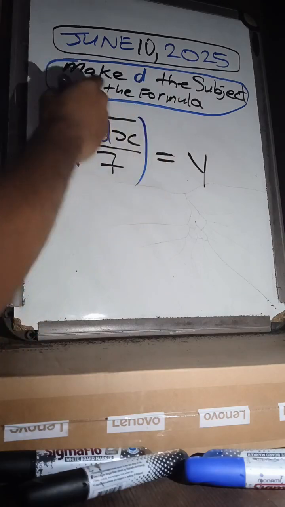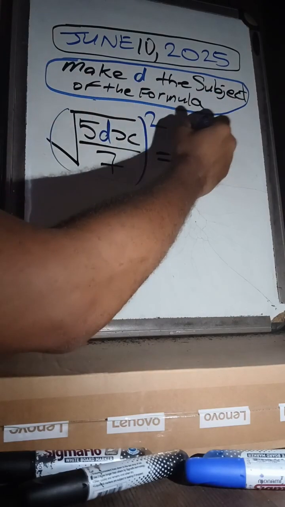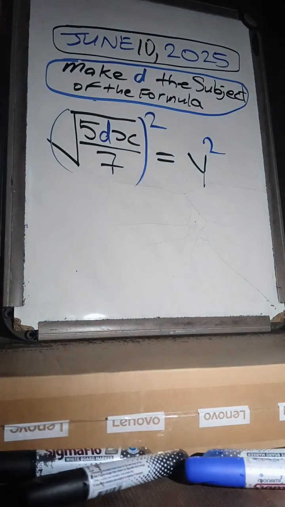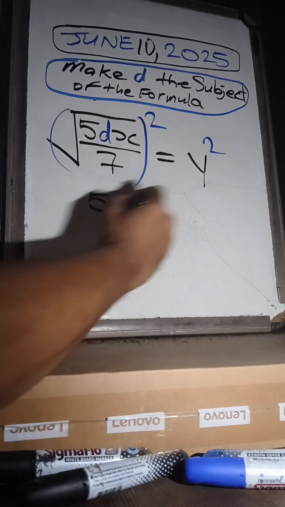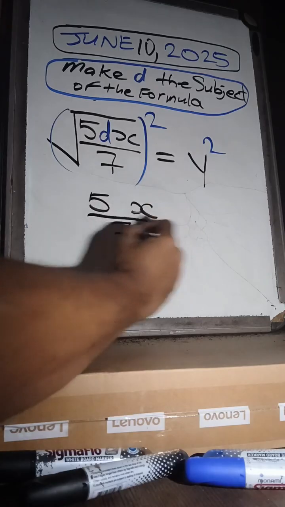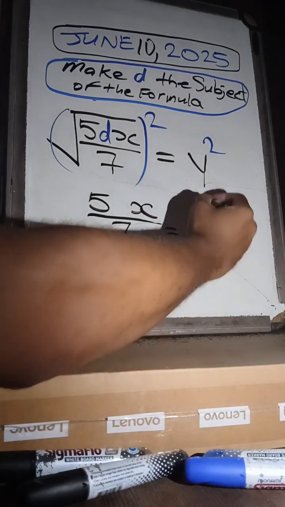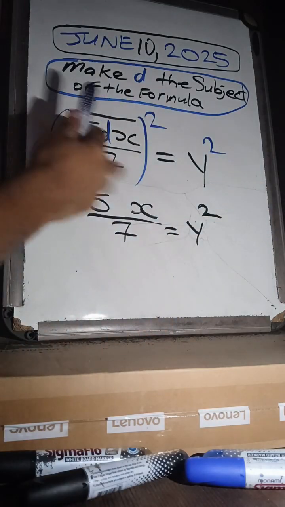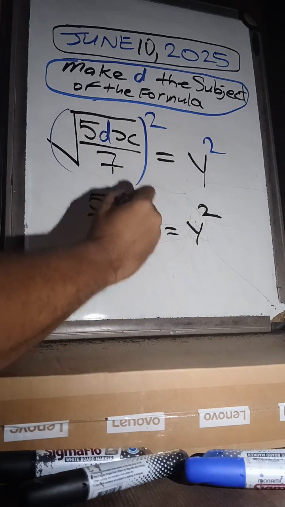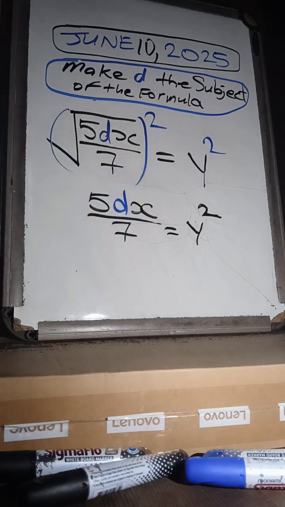So square this and we square that. So that gets rid of that, leaving us with, now there's a way to make this happen really quick.